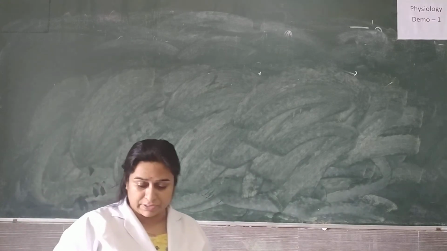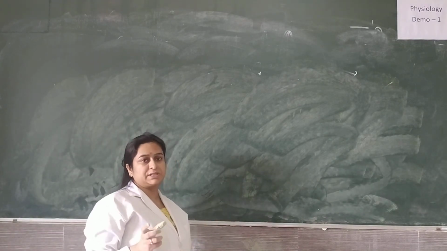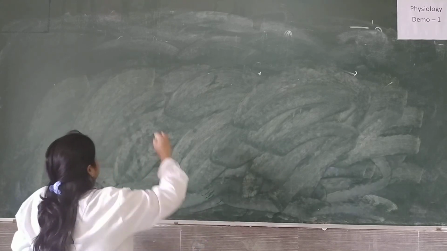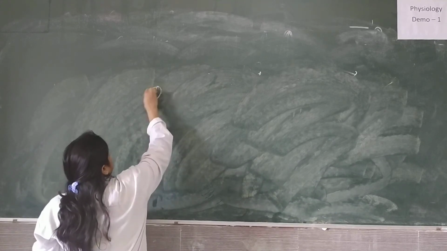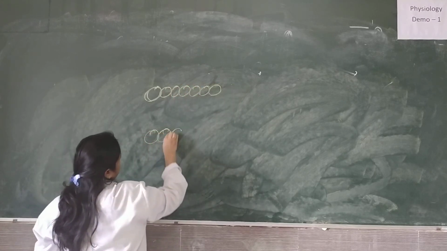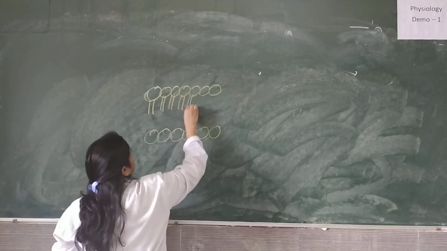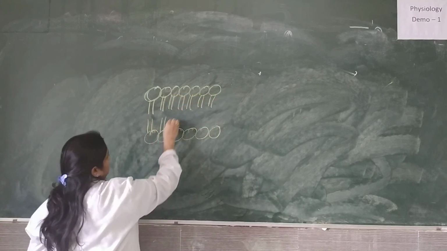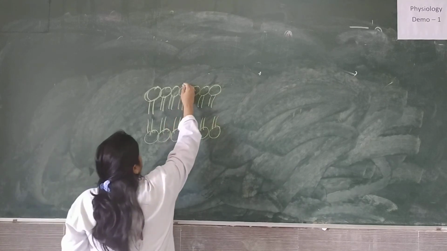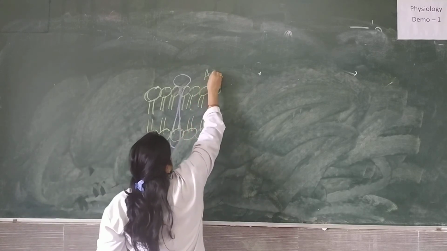So this channel will function after binding of some specific neurotransmitter or specific chemical to it. Again this is our lipid bilayer structure, and suppose here is our ligand gated channel. For example, acetylcholine.